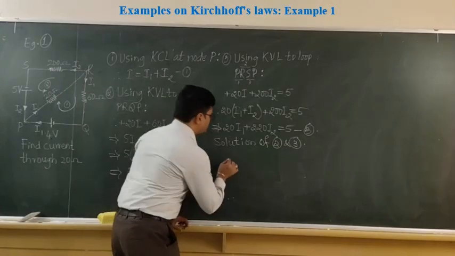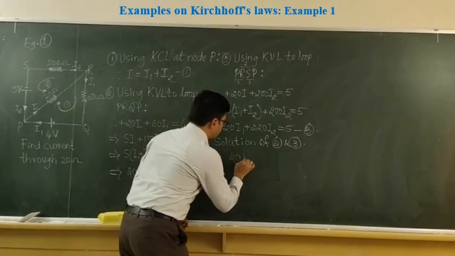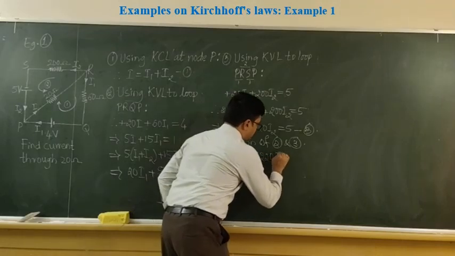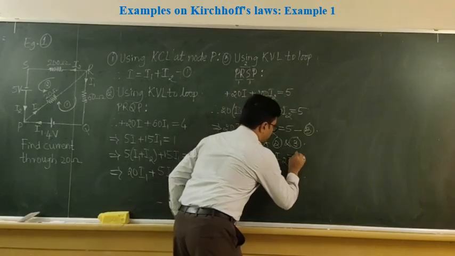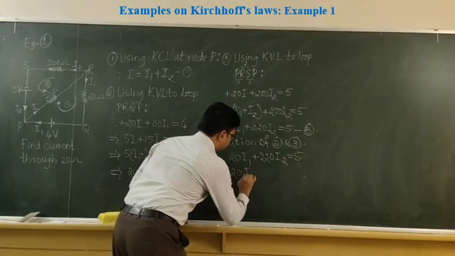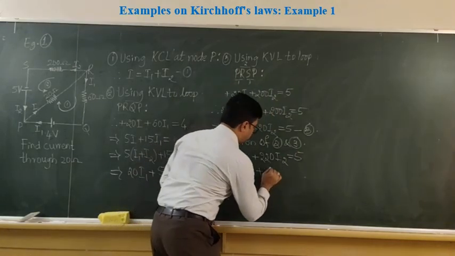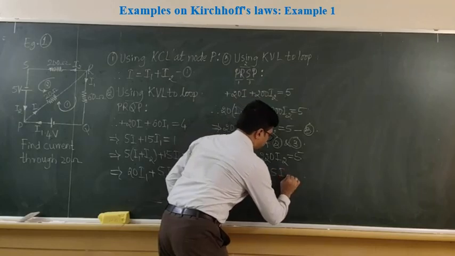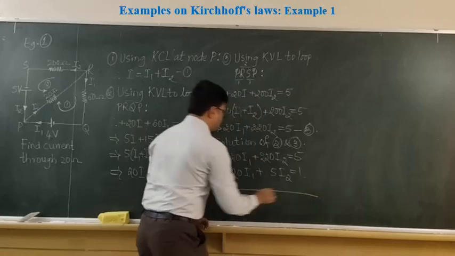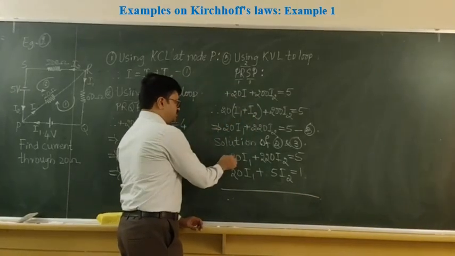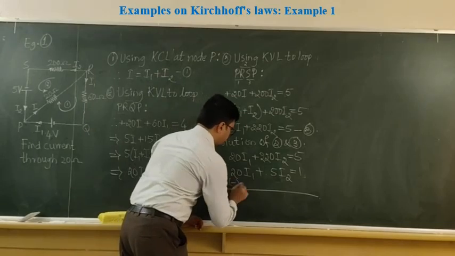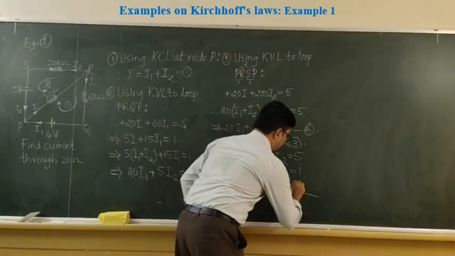So firstly I will mention equation 3: 20 I1 plus 220 I2 is equal to 5 here. Then here we have 20 I1 plus 5 I2 is equal to 1. Now subtracting equation 3 by equation 2. So minus here and minus here.